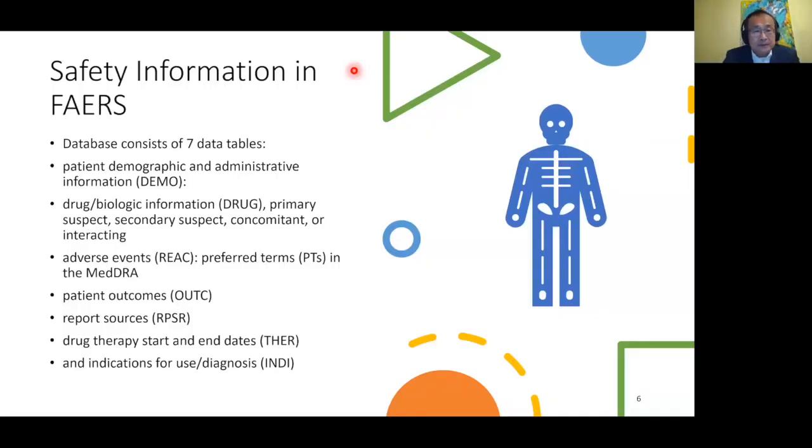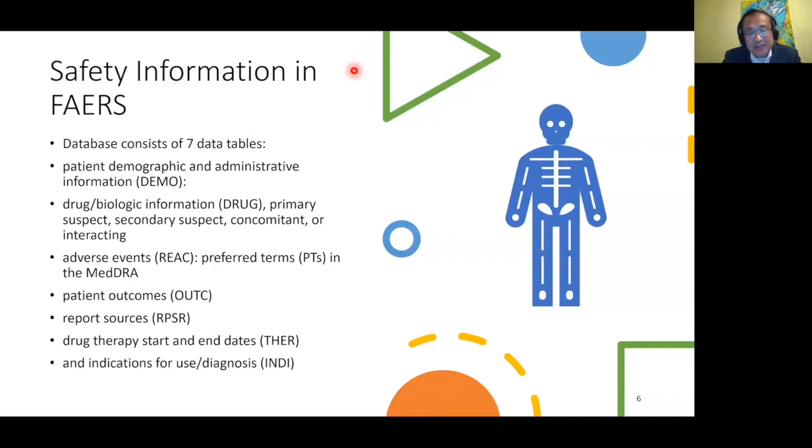The safety information in FAERS data includes patient information, primary drug use and secondary suspect drug use, and also adverse events. But what we want to do is model the clinical outcomes, for example, death and hospitalization and so on and so forth.